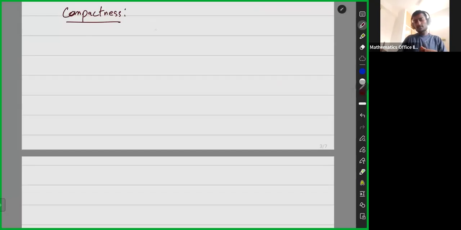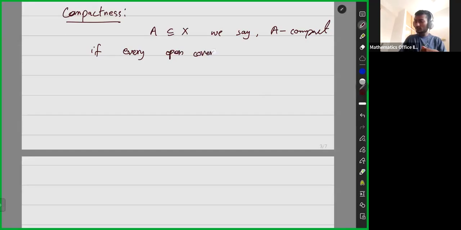Compactness means, let A be a subset of C. We say A is compact if every open cover of A has a finite subcover.